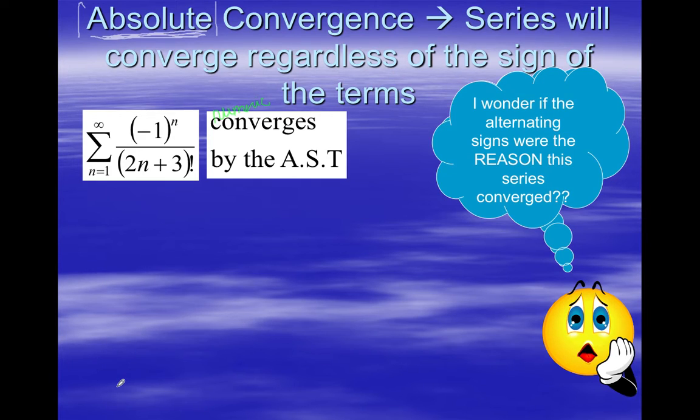Now, the question for absolute convergence is, does the fact that the signs alternated, which think about what that means. If the signs alternate, what you're adding is, right, you're adding smaller and smaller numbers, but you're adding a small positive number, then a small negative number, which means you're subtracting, right?